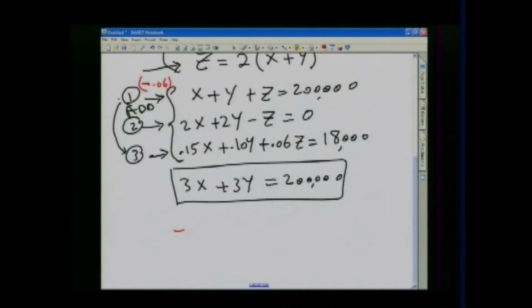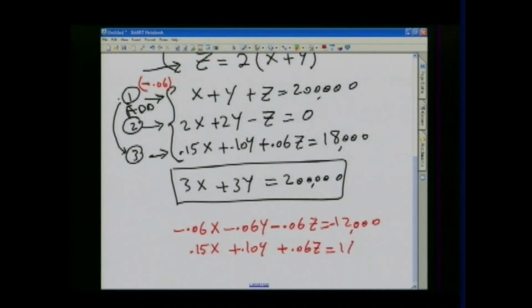So I get minus 0.06x minus 0.06y minus 0.06z equal to minus 0.06 times 200,000, which is minus 12,000. And equation number 3 is 0.15x plus 0.10y plus 0.06z equal 18,000.